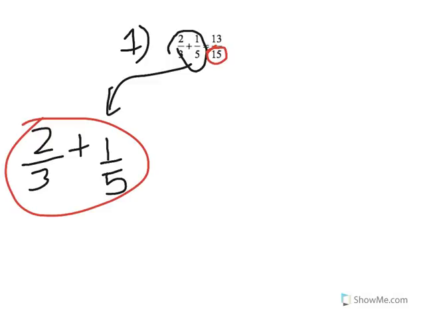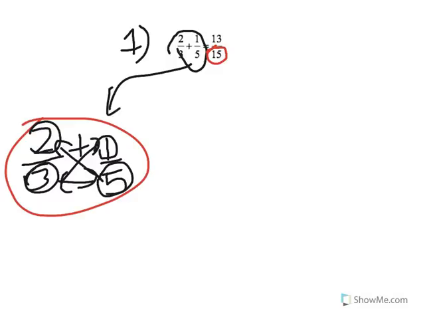First of all, we do this thing called cross multiplication, where we multiply this denominator by the opposite numerator and this numerator by the opposite denominator. It'll give us a common factor. Then we multiply these two together and we get a lowest common denominator at the bottom.